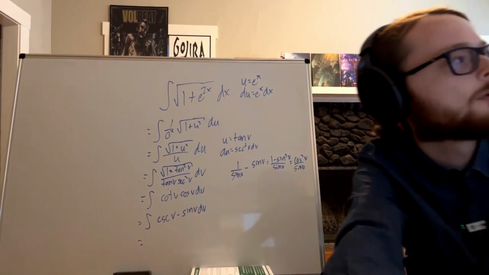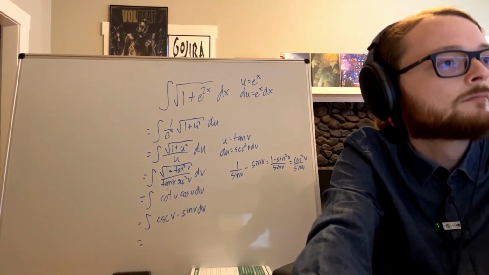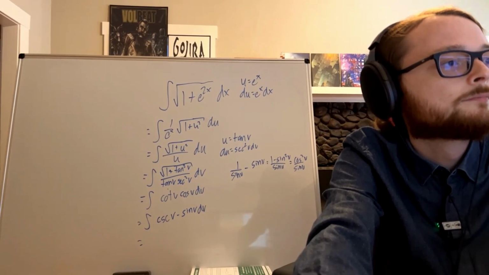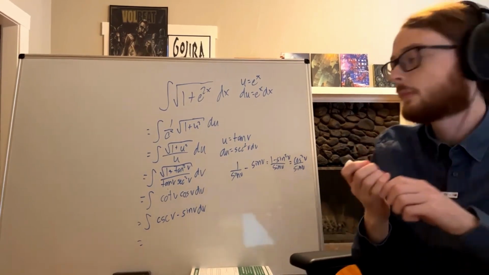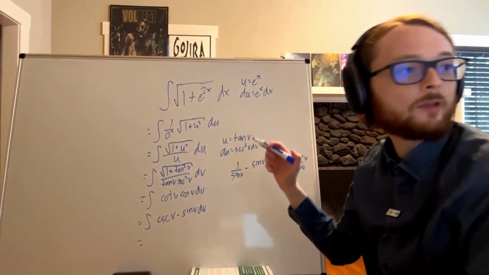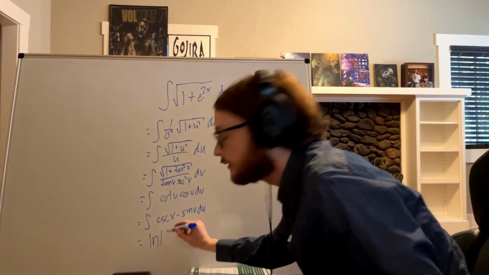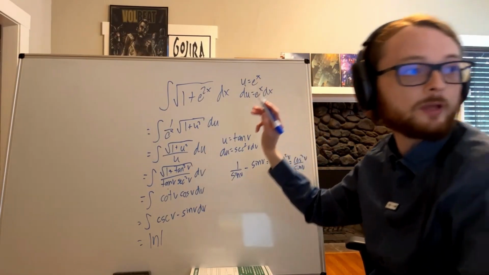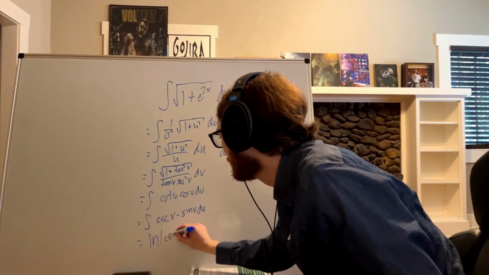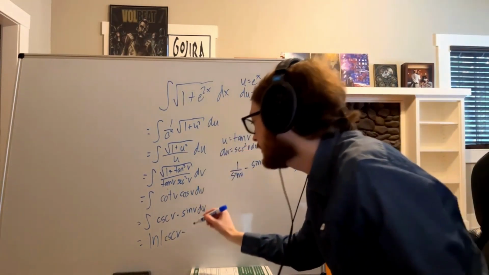Doesn't seem how I'm used to it. Look at a different website. So the integral of cosecant is, I guess that's the same thing I saw on the other side, ln cosecant v minus cotangent v.